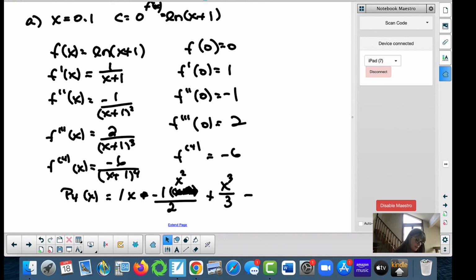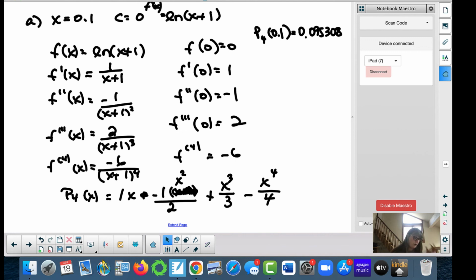And then we have negative 6 over 4 factorial, which is 24. 6 over 24 is just 1/4, so I'm going to change that to 1/4. So that is our polynomial that we're going to use to approximate. And remember, x is 0.1. So then if I plug in 0.1, 0.095308 is what we get for that.